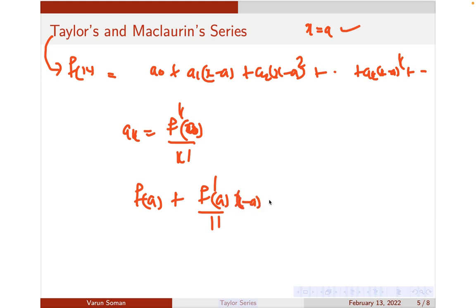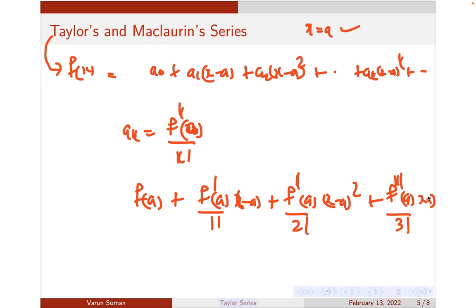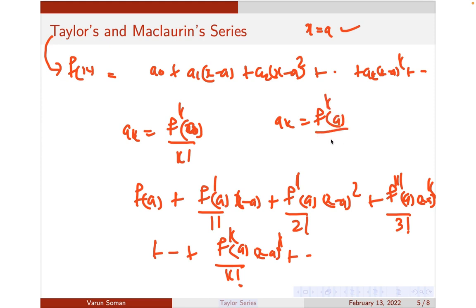Your a2 is f double dash of a by 2 factorial into (x minus a) whole square. Your a3 is f triple dash of a by 3 factorial into (x minus a) cubed, plus etc. And what is your ak now? Can you guess? It is f^(k) of a by k factorial into (x minus a) raised to k, plus etc. So your ak is nothing but f^(k) of a by k factorial.